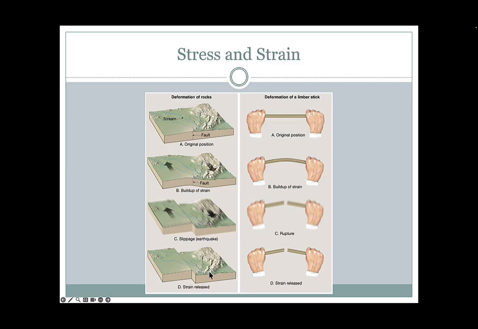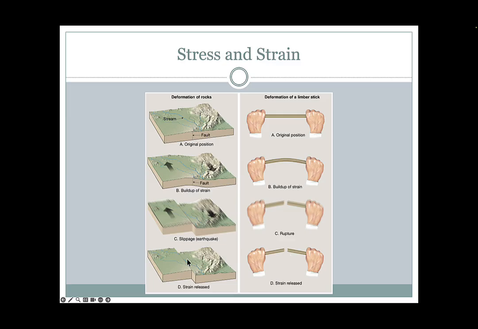And then afterwards, we're actually able to see the result of that, which would be the strain that has occurred on the surface of the earth. So an analogy with a stick would be that we would bend the stick for a while. You can feel the energy, the stress in that stick as it's being built and the buildup of strain, but it's not until the stick breaks that all of that energy is released, and then we go back to the state of not having any built up stress there.